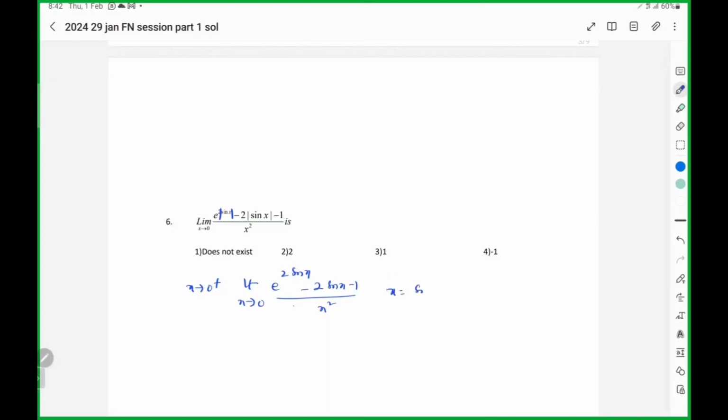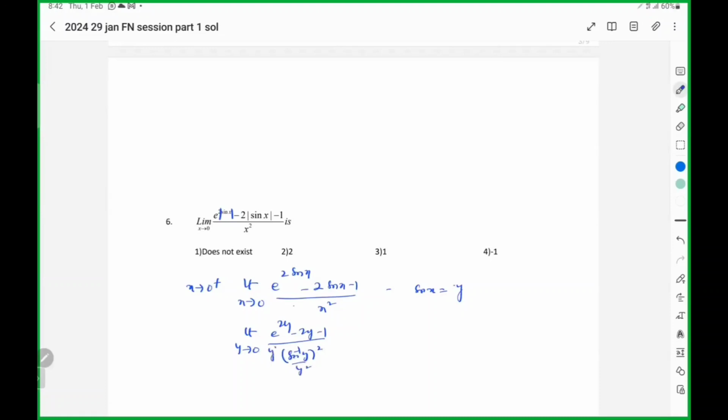If I take sin x as y, then as x approaches 0, y approaches 0: (e^(2y) − 2y − 1)/(sin⁻¹y)².